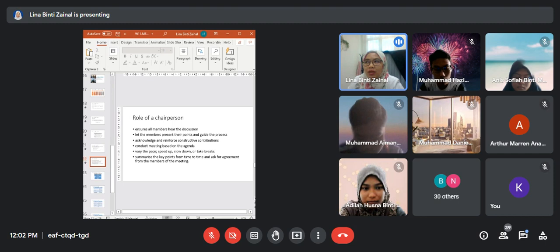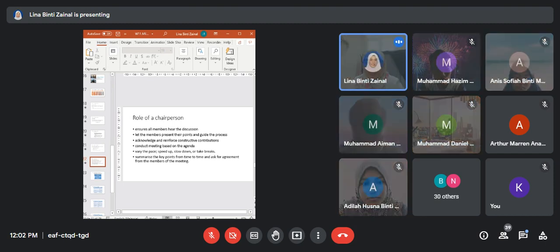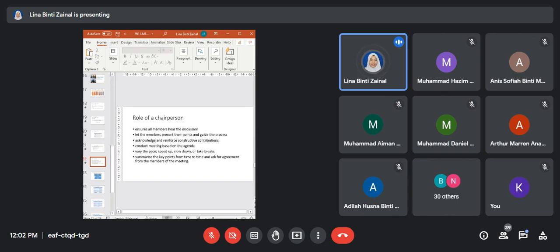It means that whenever the group members deliver their point of view or suggestion, the chairperson needs to listen, and after the group members finish their point, the chairperson needs to give some remarks or feedback. Or summarize key points from time to time and ask for agreement from other members.